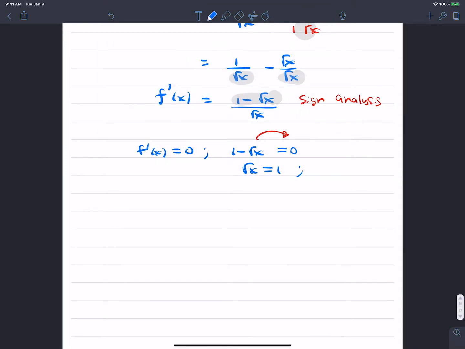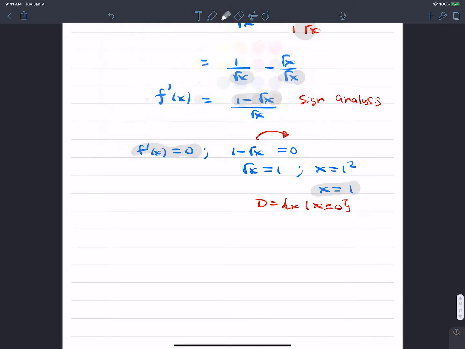What does this mean? x is 1 squared, or x is 1. Is that true? So this is the location where your first derivative is actually equal to 0. And I want to note the domain, by the way. What's your domain again? Set of all x such that x is greater than or equal to 0, so that's in our domain.